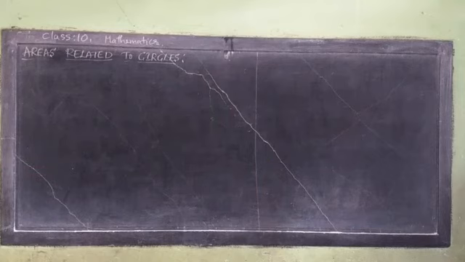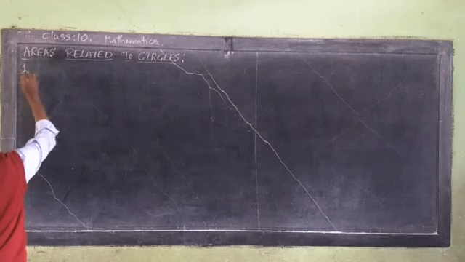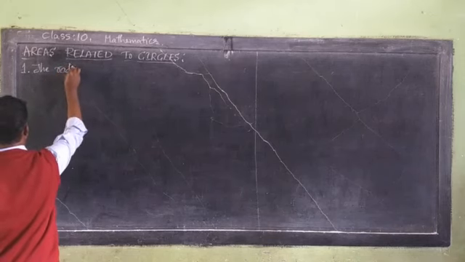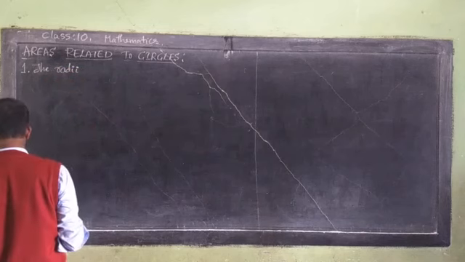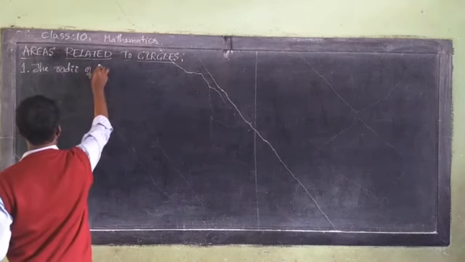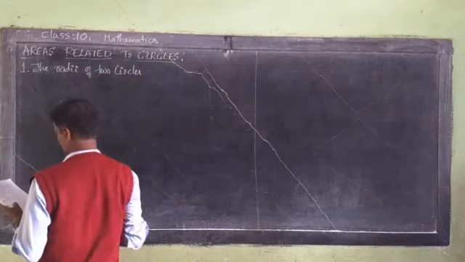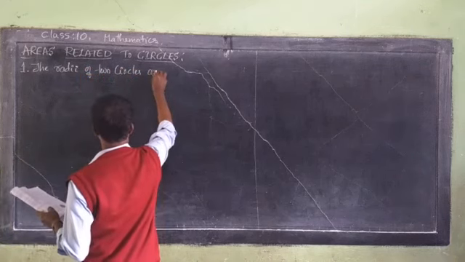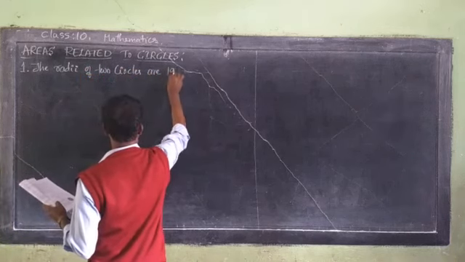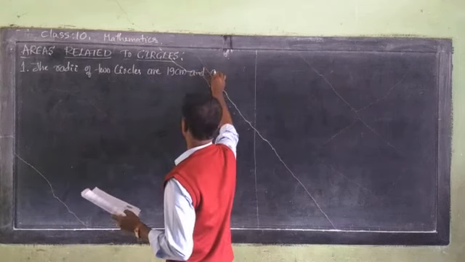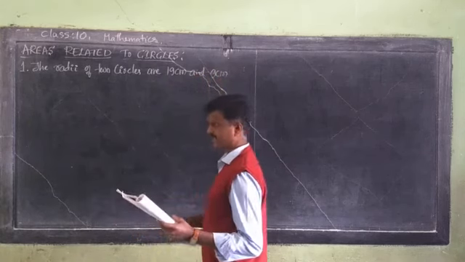This is 5.1. First question. The radii of two circles are 19 centimeter and 9 centimeter respectively.